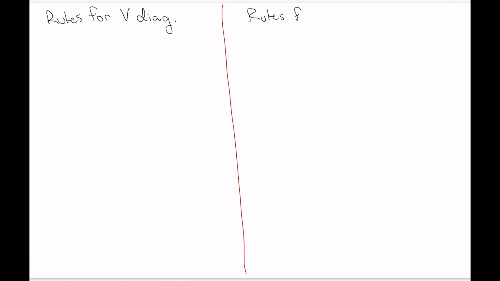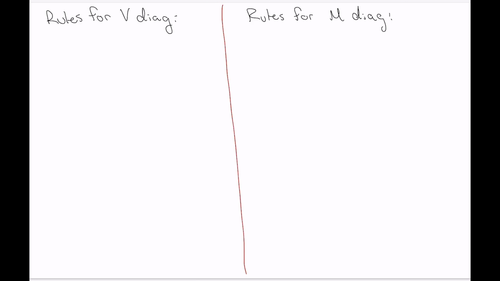So rules for our shear diagram. Okay, and then I'm going to divide the page in half here, and then we'll do rules for the moment diagram on the other side. So rules for the moment diagram.